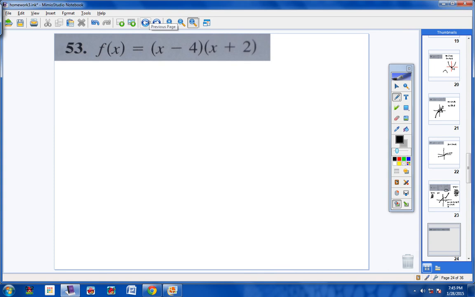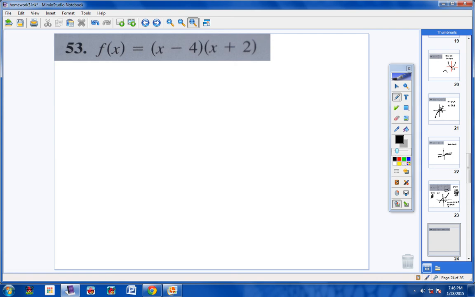Alright, moving on now to numbers 53 through 57. We're going to use the graphing utility to graph the function and approximate its minimum and maximum points. So here we go. Go to your y equals and clear out your last equation. Parentheses x minus 4, parentheses x plus 2.